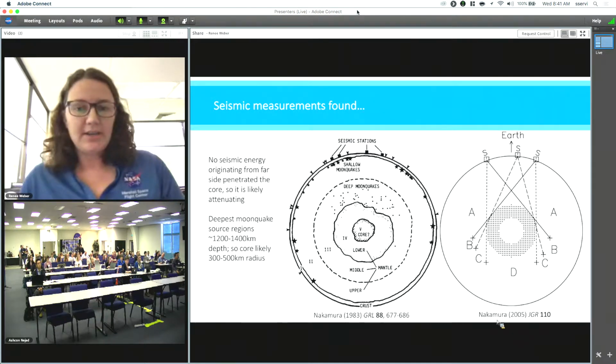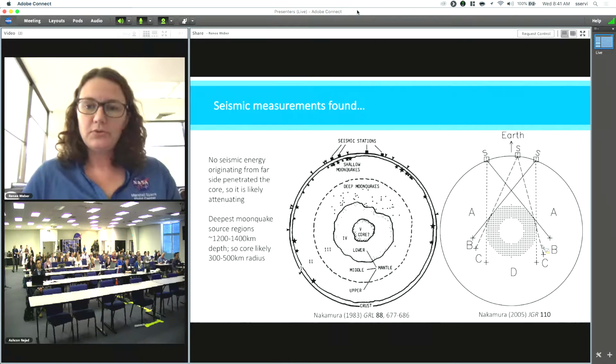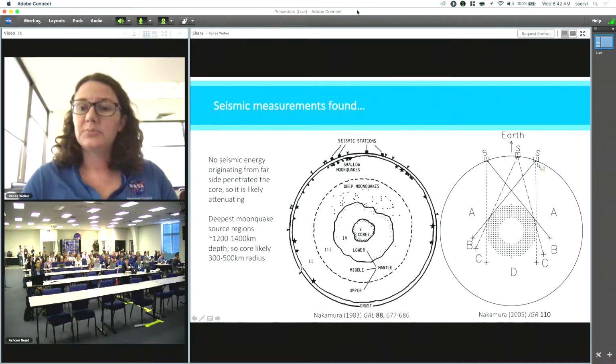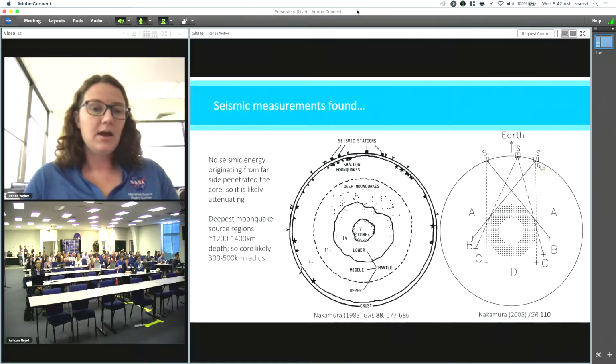So the two pictures here are cross sections of the moon. So if you assume that the Earth is sort of up, we were in Apollo fortunate enough to have seismic stations that were all deployed on the near side of the moon.